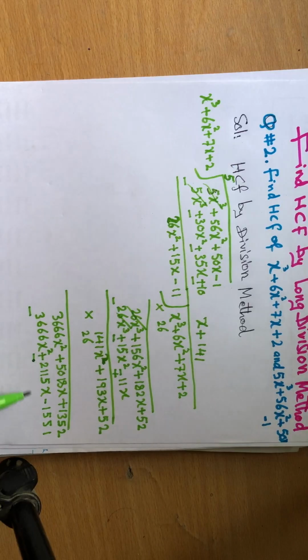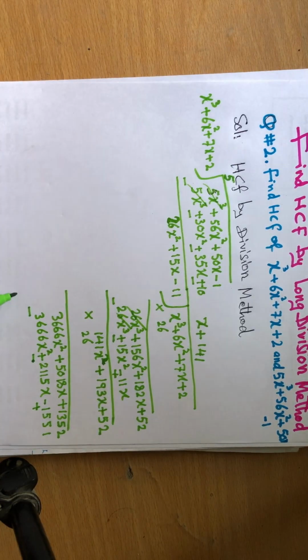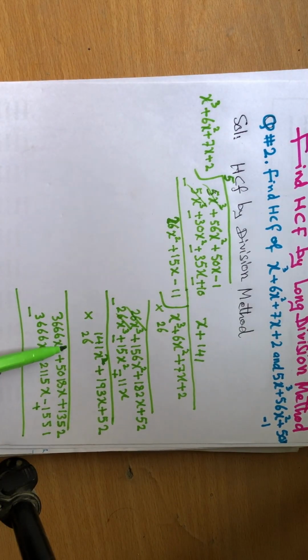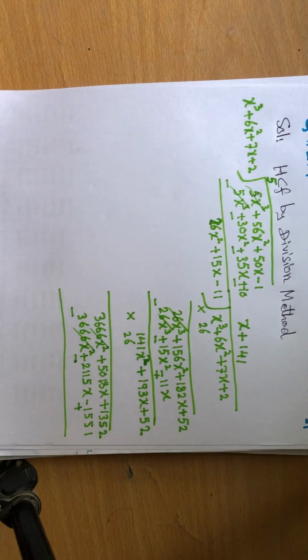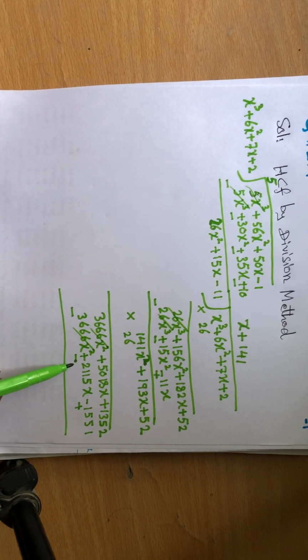After that the signs are changed, and the first term gets cancelled because the coefficient is the same, the sign opposite, and the variable and base are also the same.